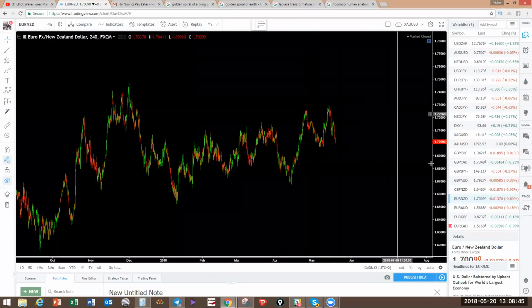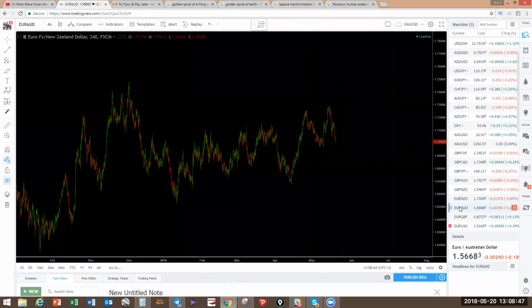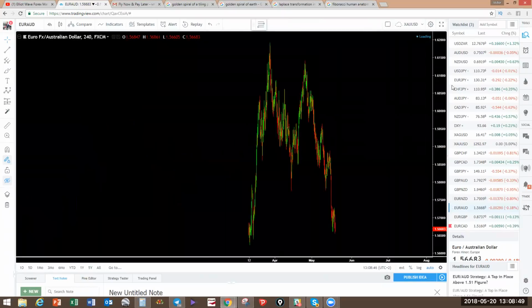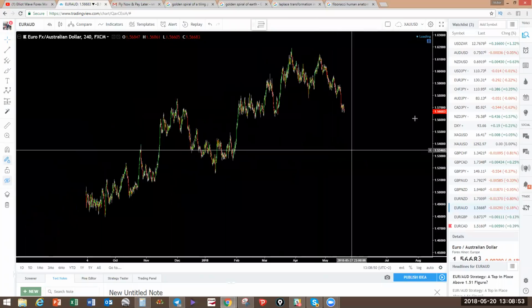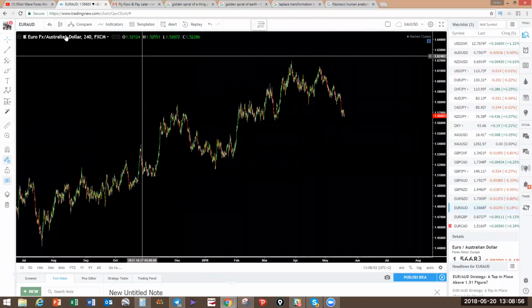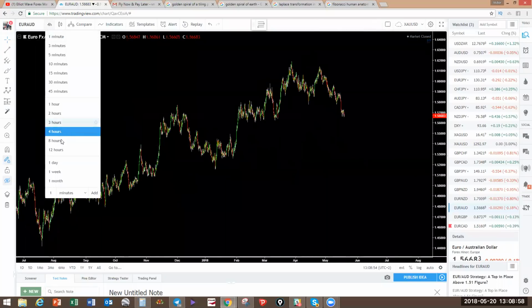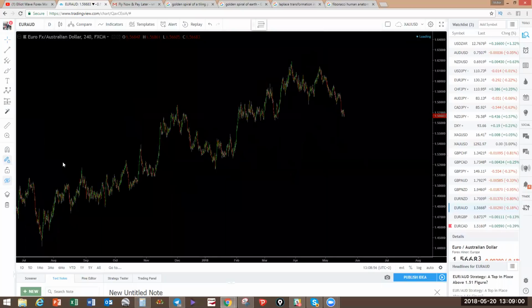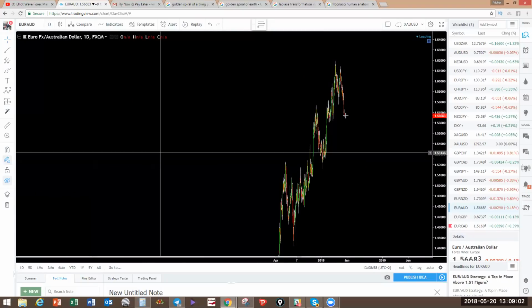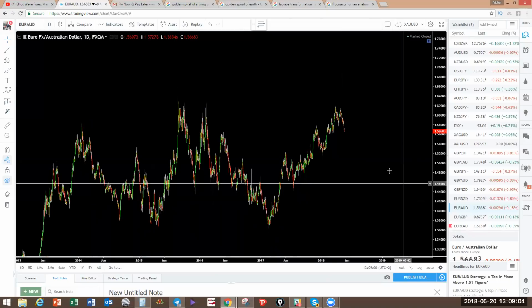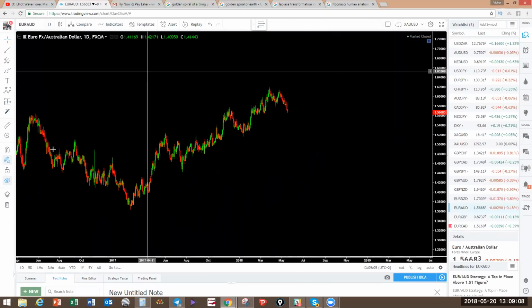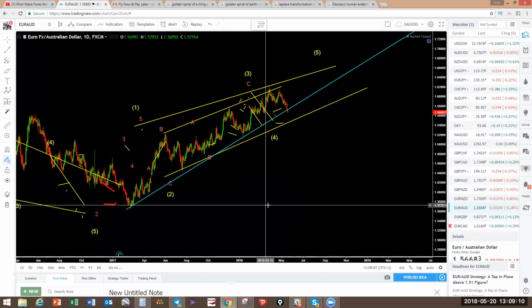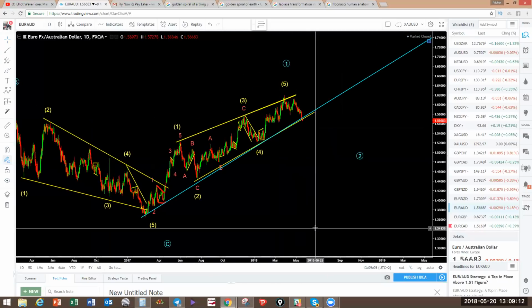So we're looking at that Euro New Zealand, Euro AUD. There's a bit of difference in terms of the correlation in the way these structures are moving on the Euro pairs. So Euro AUD, we were looking for it to keep going higher and higher, but it made an interesting structure, interesting in that it is now very clear.